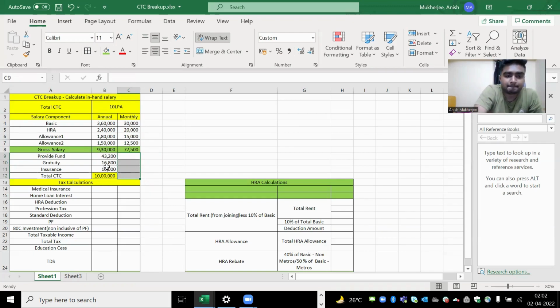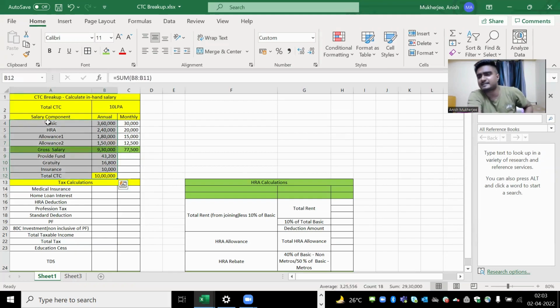So basically, my entire 10 lakhs is comprised of these components. I will attach the Excel, as I said earlier, in my link below. So this is how your entire CTC is calculated.